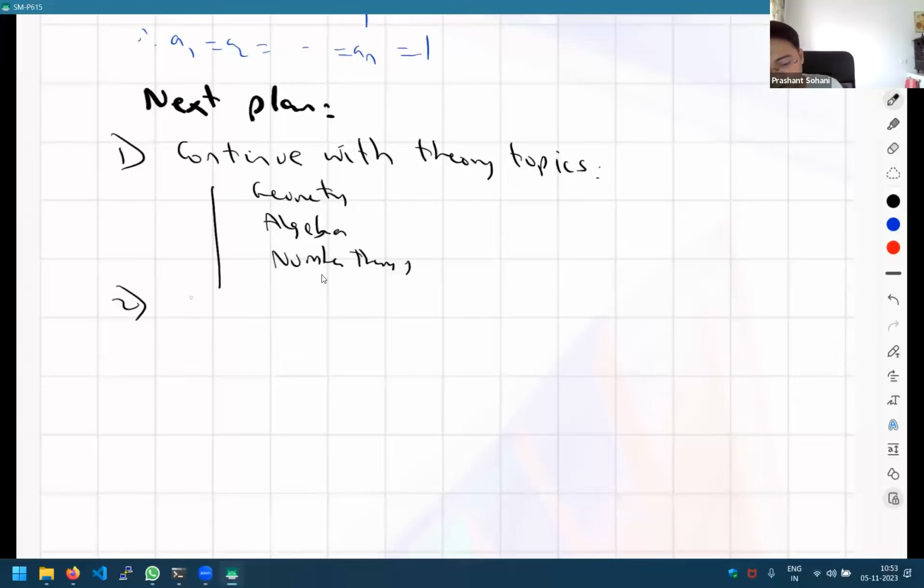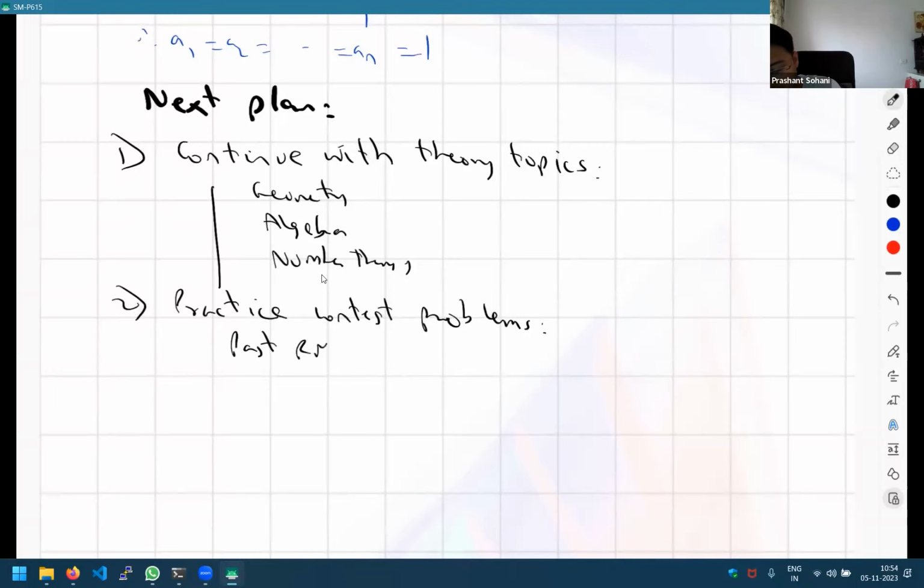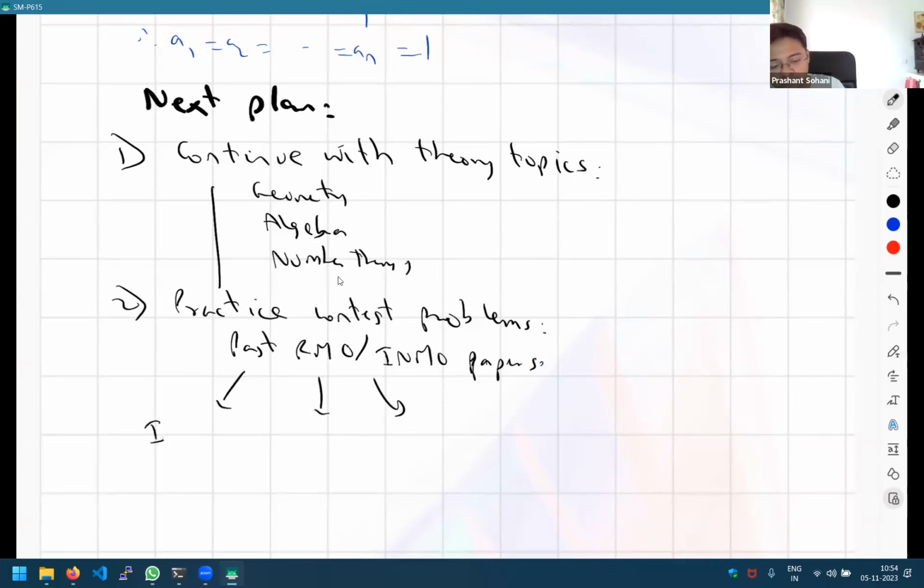Then second is practice contest problems. By contest problems, what I mean is past RMO, IMO papers. So we have both of these possibilities available for us. And within that, there can be a bifurcation: do you want me to focus more on the simpler end of the spectrum, IOQM, RMO and INMO?